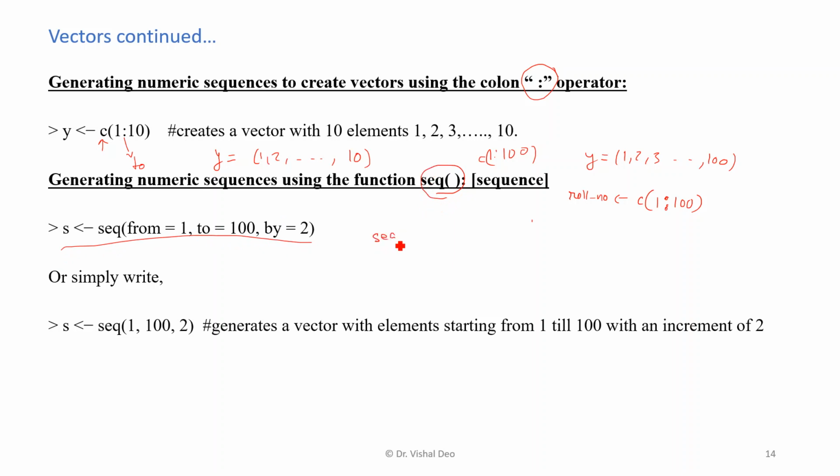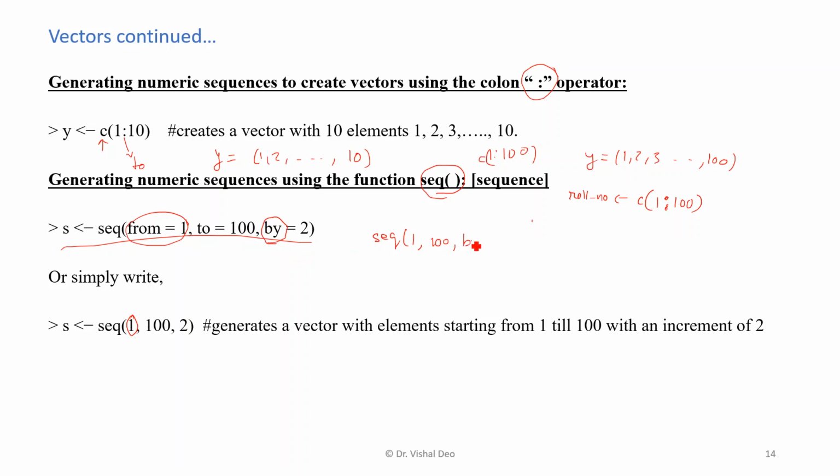We write seq, and then the first argument which we have to pass is the starting point. Either you can write from equal to 1, or you can simply write 1. But you have to remember the order in which you put the arguments. The first argument says from where, that is the starting point, then the second, say 100, and the third argument is for the increment, by how much you want to increment.